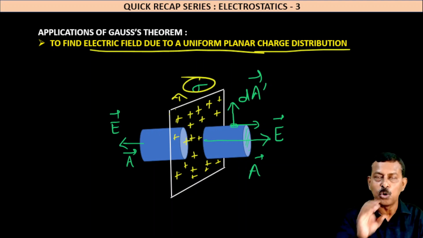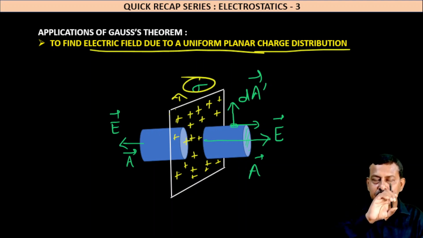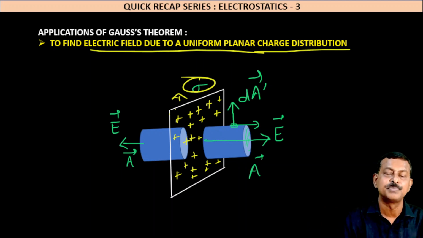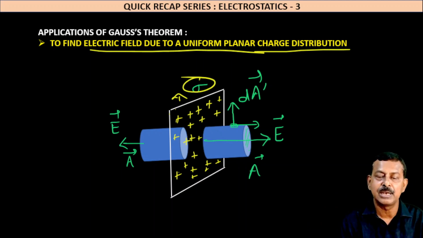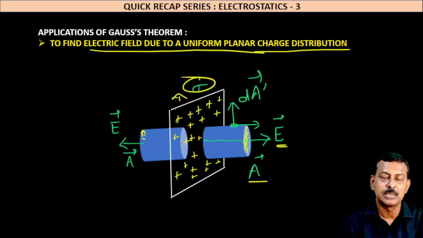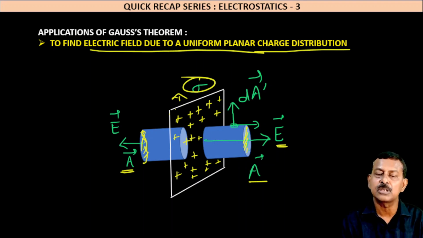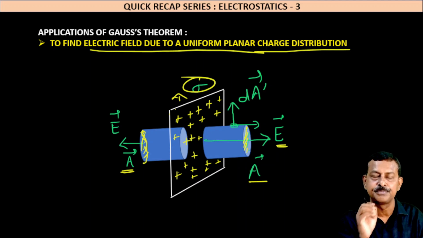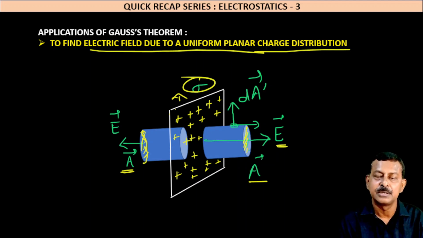In this case, the orientation is such that the cylinder is kept perpendicular to the plane. E is the electric field, and we take this as the flat surface, so the vector area is A. For the flat surface on the other side, again the area vector is A. For the curved surface, we take an elementary section with area dA dash, the vector area of this elementary section.